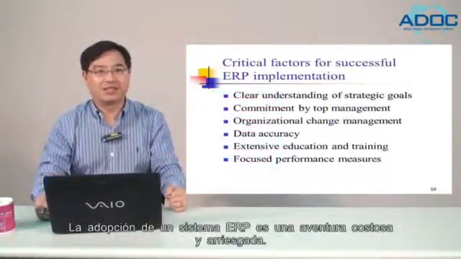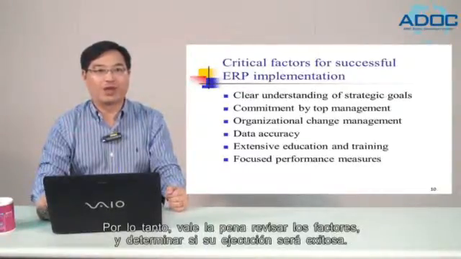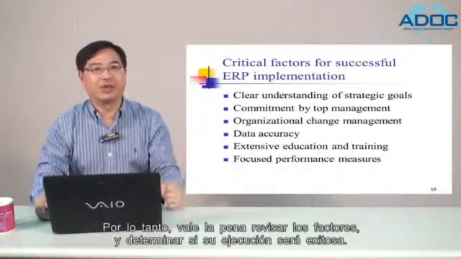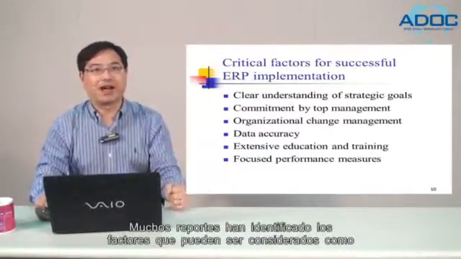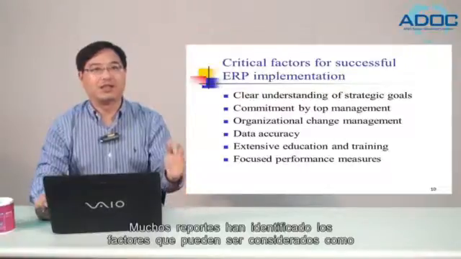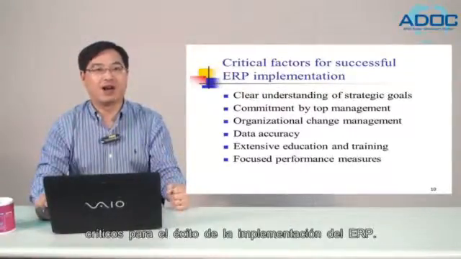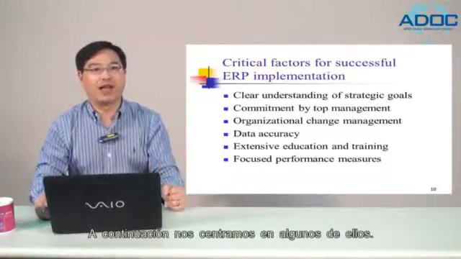Adopting an ERP system is an expensive and risky venture. It is therefore worthwhile to check the factors that determine whether the implementation will be successful. Many papers have identified factors considered critical to the success of an ERP implementation. We focus on some of these below.